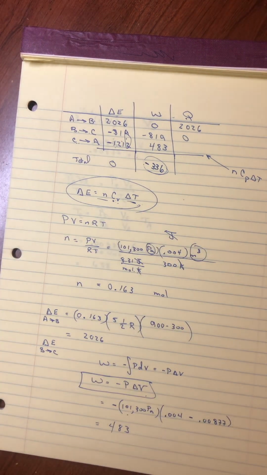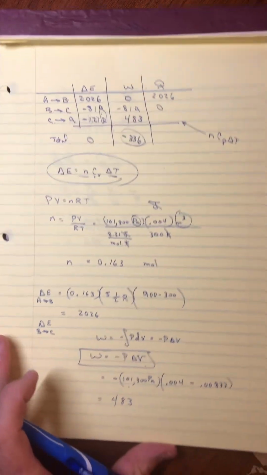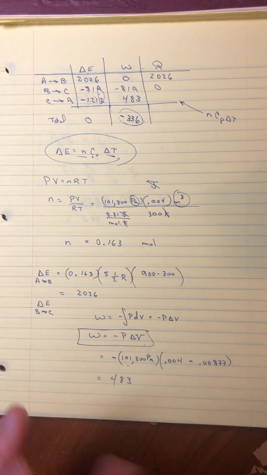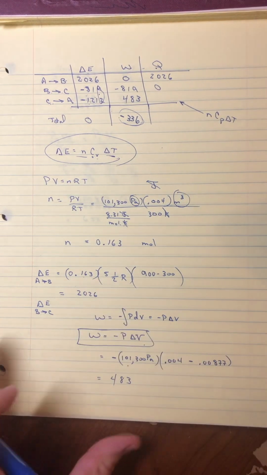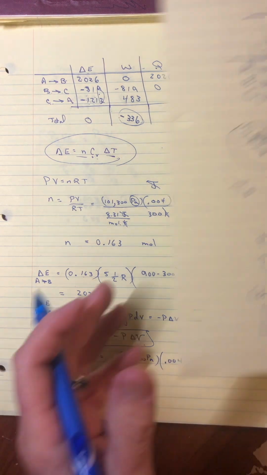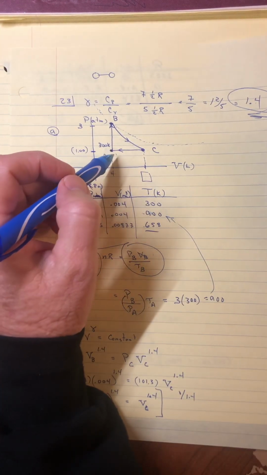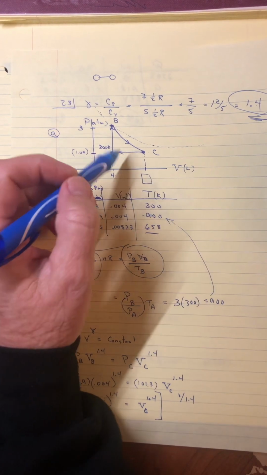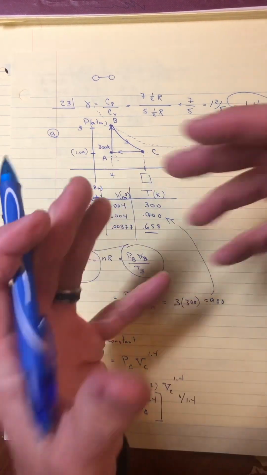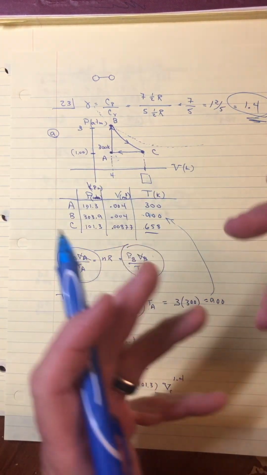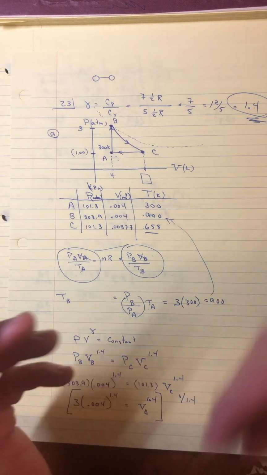And notice the negative. The negative is a good sign, of course, depending on what you want to do. But I'm going to call the negative a good sign because what that means is I have then put heat energy in during this cycle and got out of it work. This is what we want to do for building an engine.